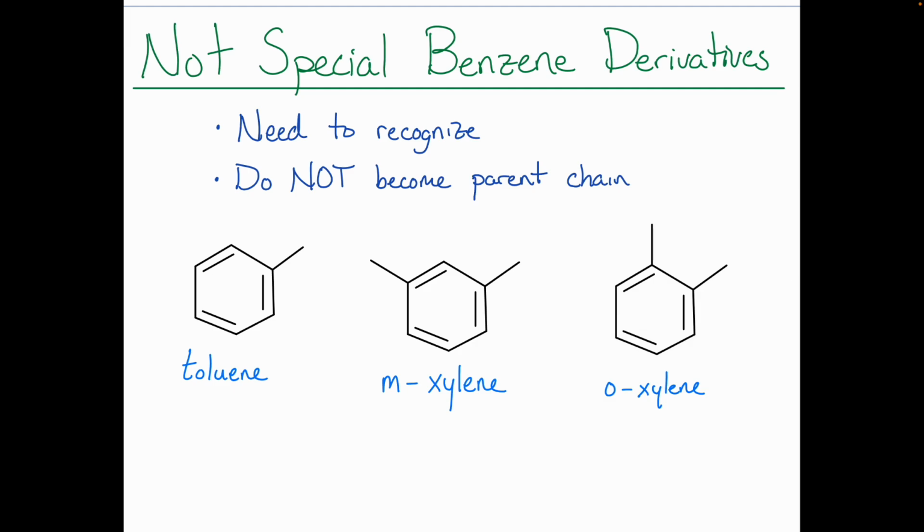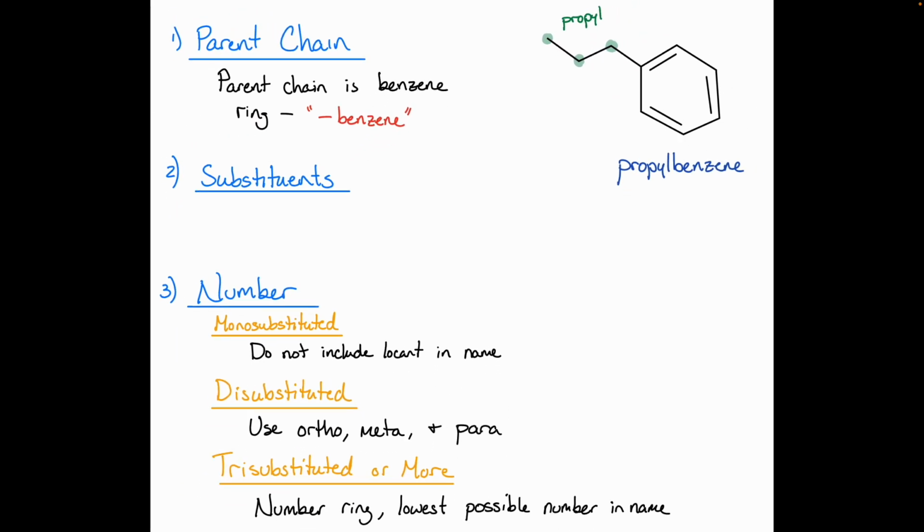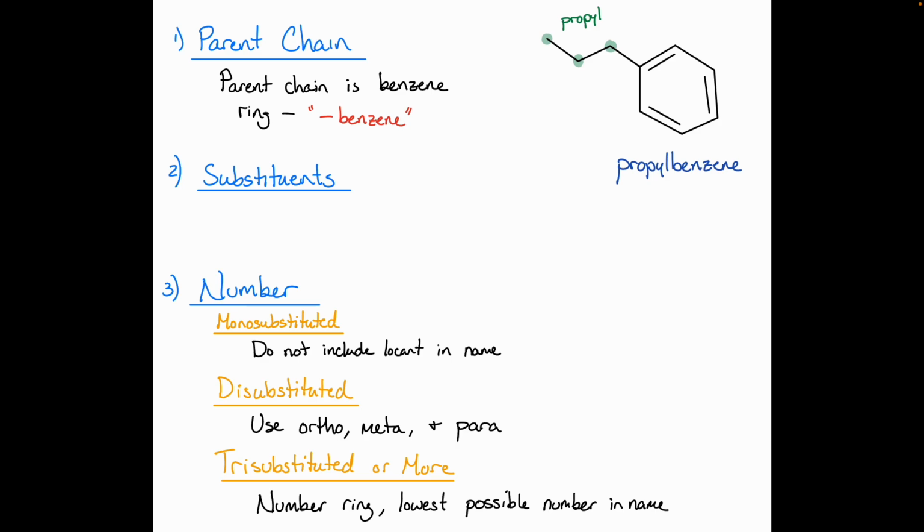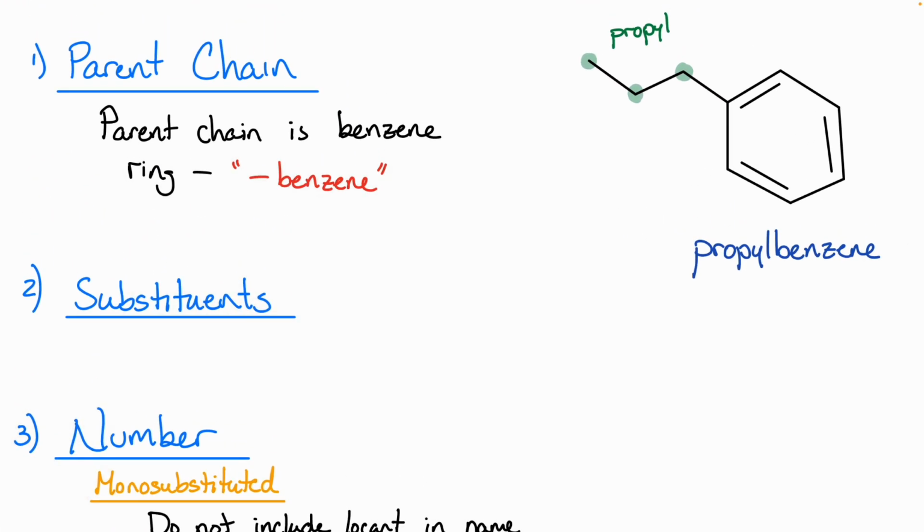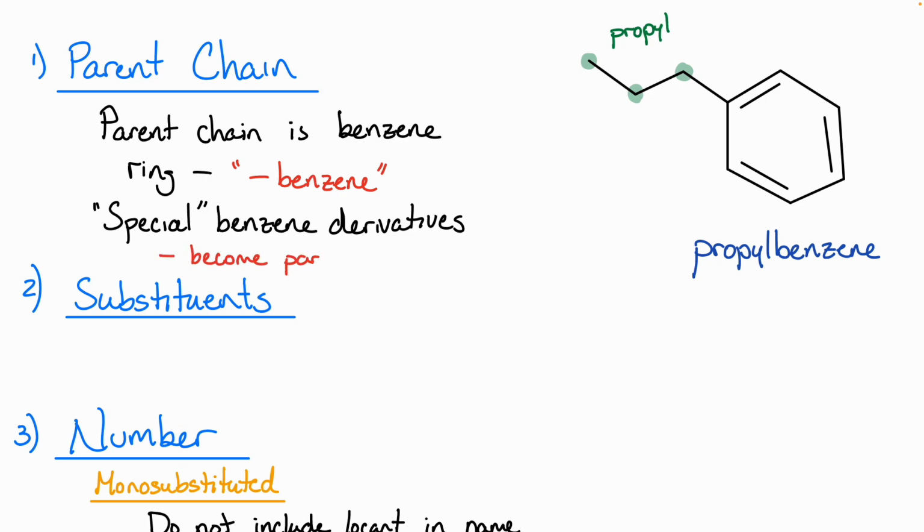Cool. All right, so let's just update our nomenclature rules here. For our parent chain, we got to include this special case when we have our special benzene derivatives. They are what become our parent chain.